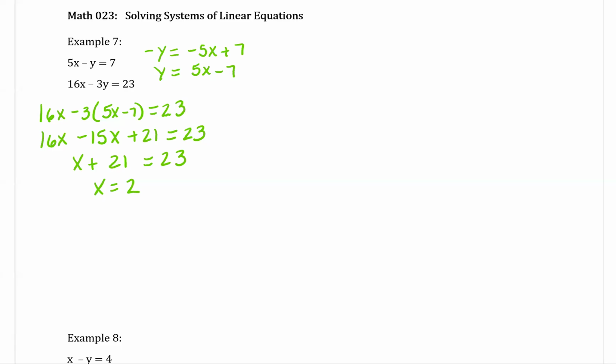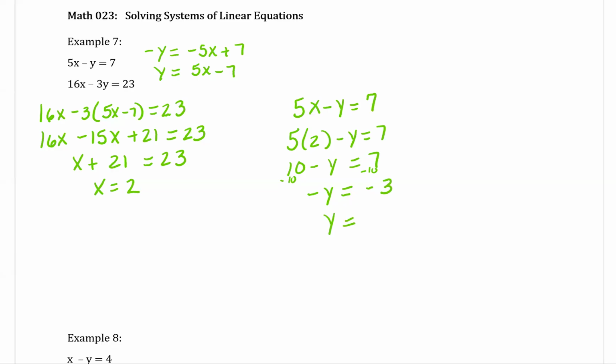Well, for x, we get x equals 2. Substitute 2 in for x in one of the original equations. I'm going to select the first one. I don't know why I just put a 1 there.